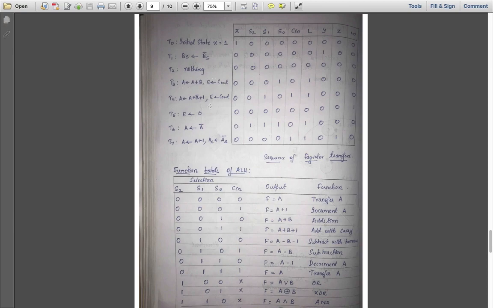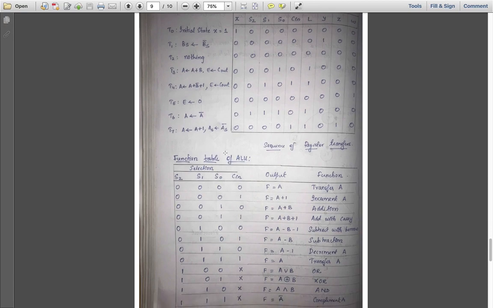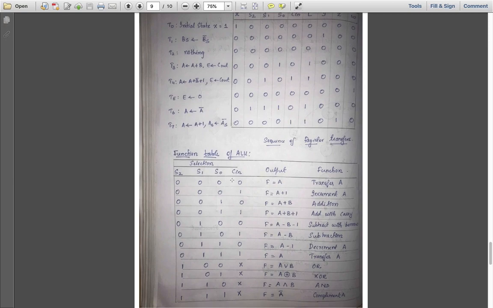Now for that to happen, you have to refer to our function table of ALU. Remember this function table of ALU which we studied in the 5th module. This is the table which we studied for designing the ALU. I hope you studied that at that time. So just check what A plus B is doing.